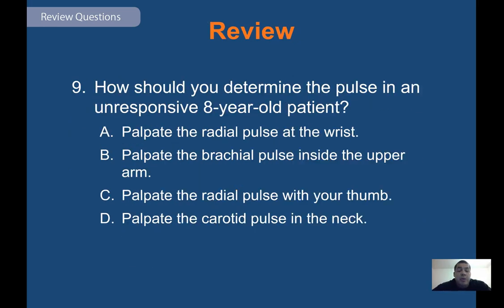How should you determine the pulse in an unresponsive 8-year-old patient? So, is a patient considered an adult, or is a patient considered a pediatric still? And where would you palpate for an adult? Where would you palpate for a pediatric?